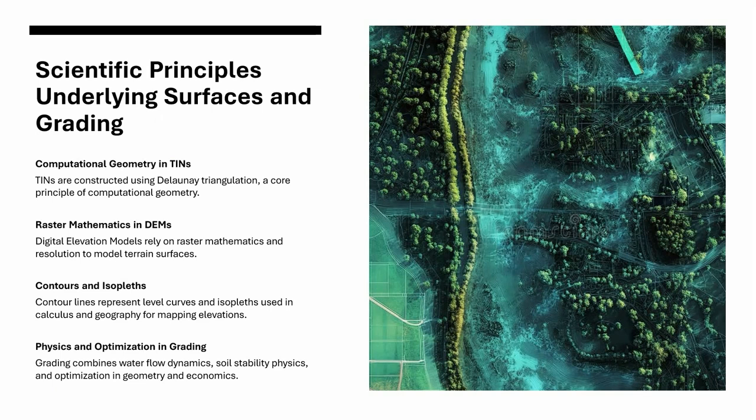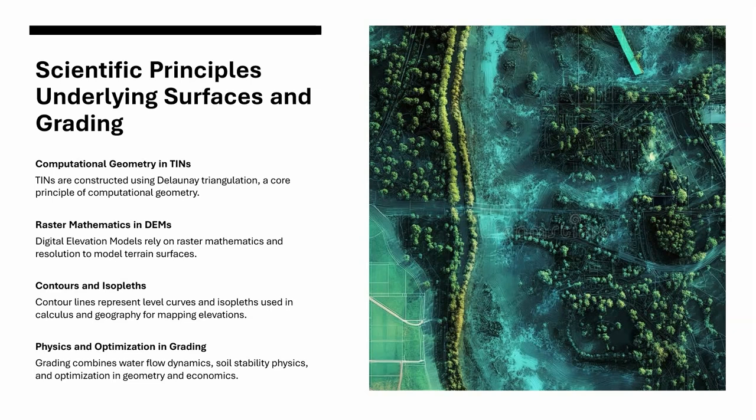One of the goals of this course and this lecture is to emphasize the science behind what might otherwise seem like drafting commands. Today, we saw that TINs are built on principles of computational geometry. We saw that DEMs are rooted in raster mathematics and resolution analyses. We saw that contours reflect concepts of isopleths and level curves from calculus and geography.